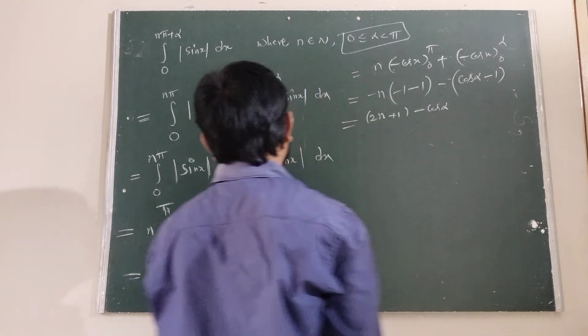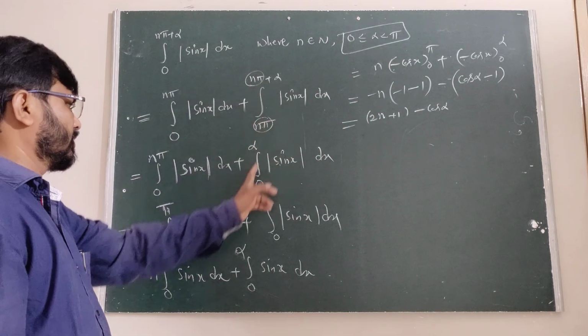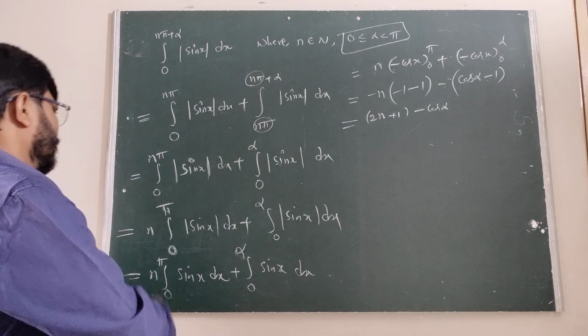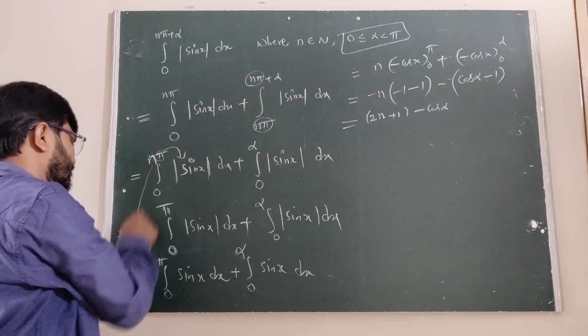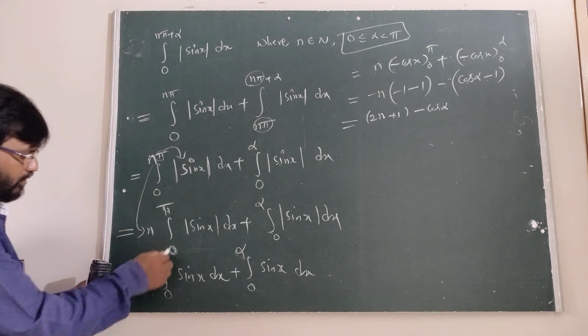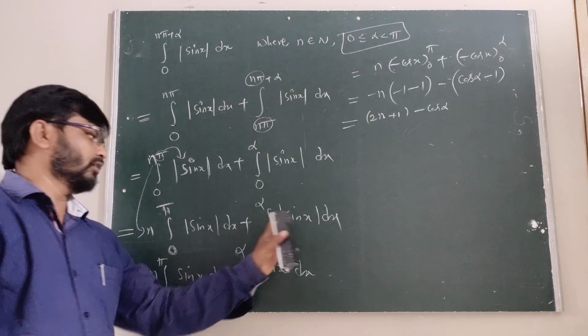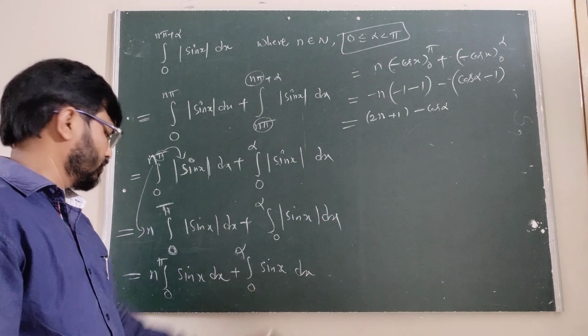How to write this one? In the first step we take n pi. After that n pi becomes 0, therefore 0 to alpha. Pi is the period of the function. We can write n outside of the integral. In between 0 to 180, mod sin x is sin x. Similarly here also alpha lies between 0 to 180. That's why the mod is positive.